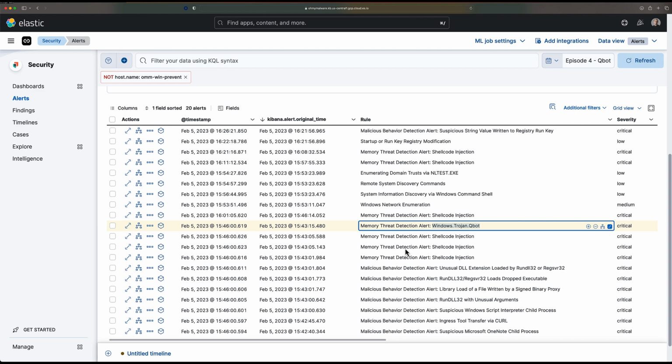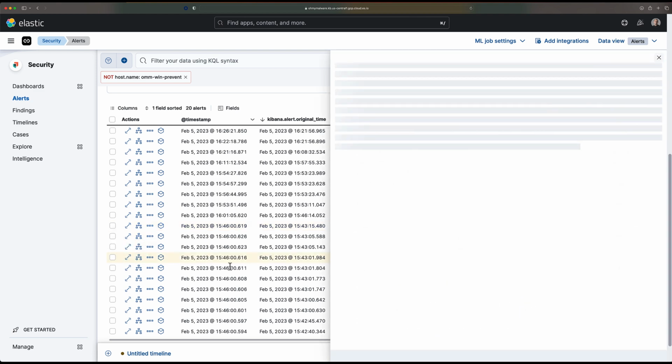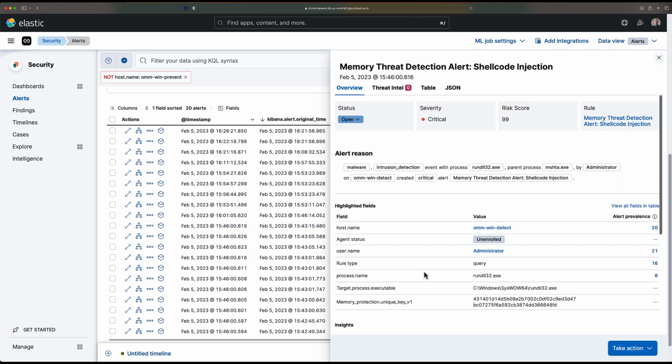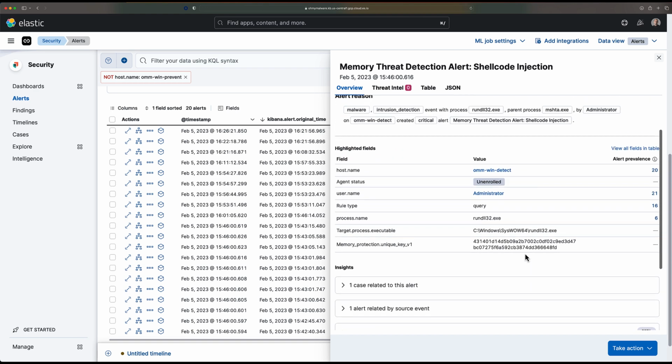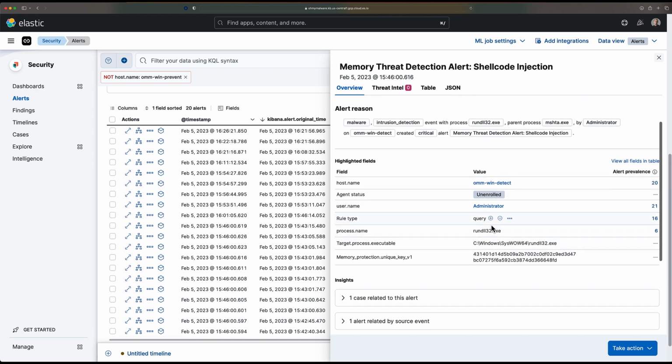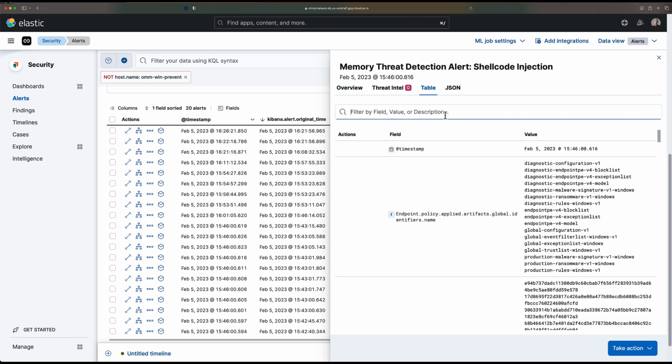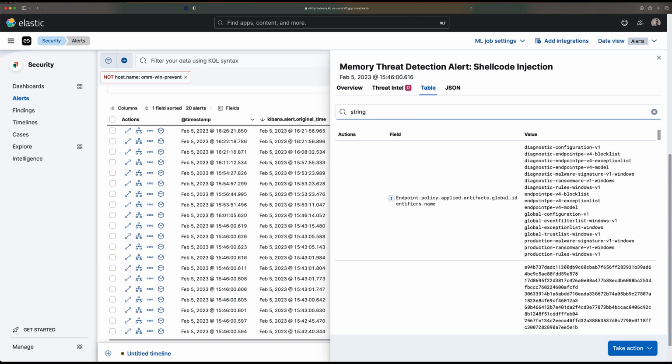Let's take a look at some of these shellcode injection alerts here. So we look for a bunch of different things here. Things like unbacked code in memory, process hollowing, process ghosting, a bunch of other memory and shellcode injection techniques. I always like to look at the strings we collect in that particular memory region.